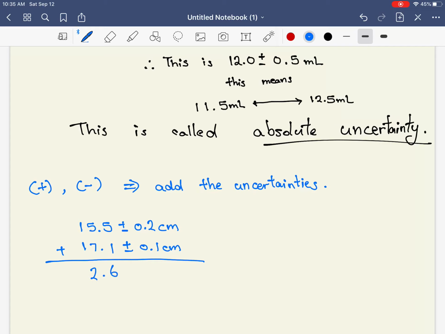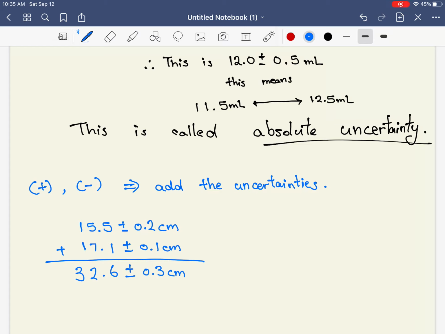That will be 32.6 plus or minus. Now what do you do with these uncertainties? As I said, you add these uncertainties. So the uncertainty will be 0.3. That's how you would add two numbers with uncertainties in them.